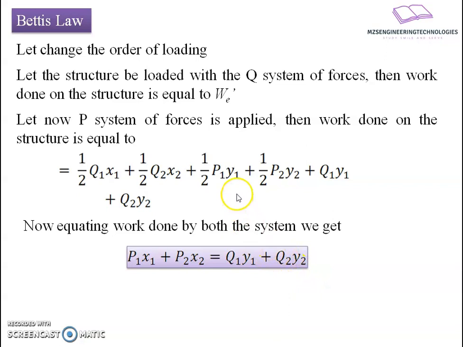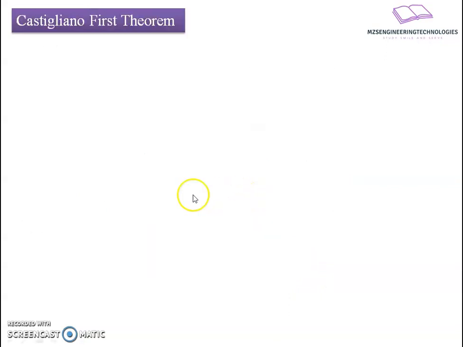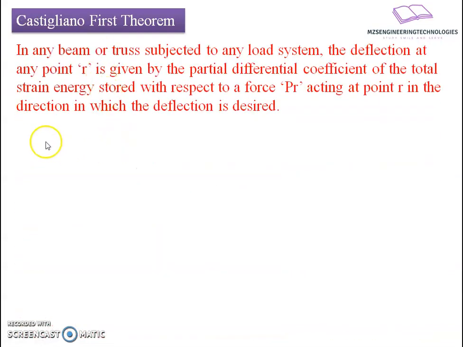Okay, now we'll move towards one more law, which is Castigliano's first theorem. According to this theorem, in any beam or truss subjected to any loading system, the deflection at a point R is given by the partial differential coefficient of the total strain energy stored with respect to the force PR acting at point R, in the direction in which the deflection is desired.